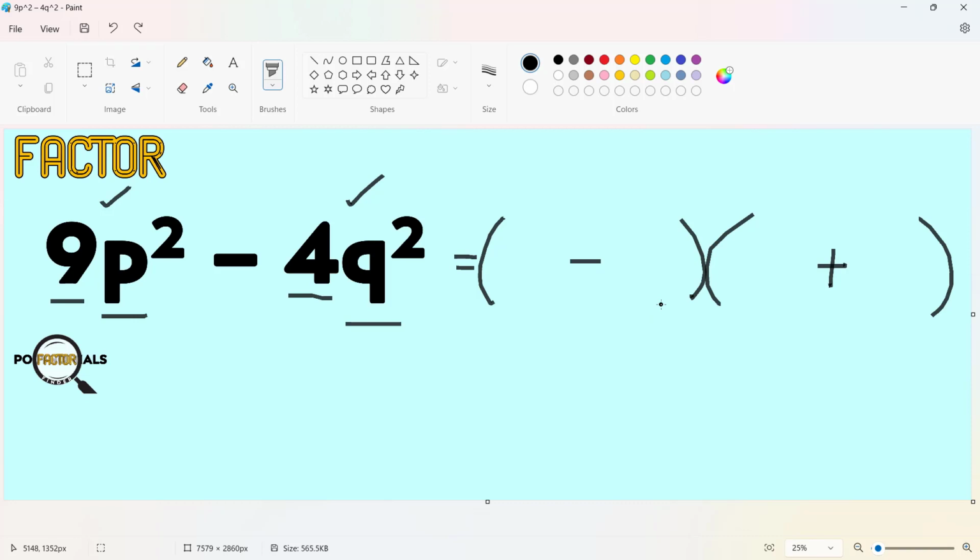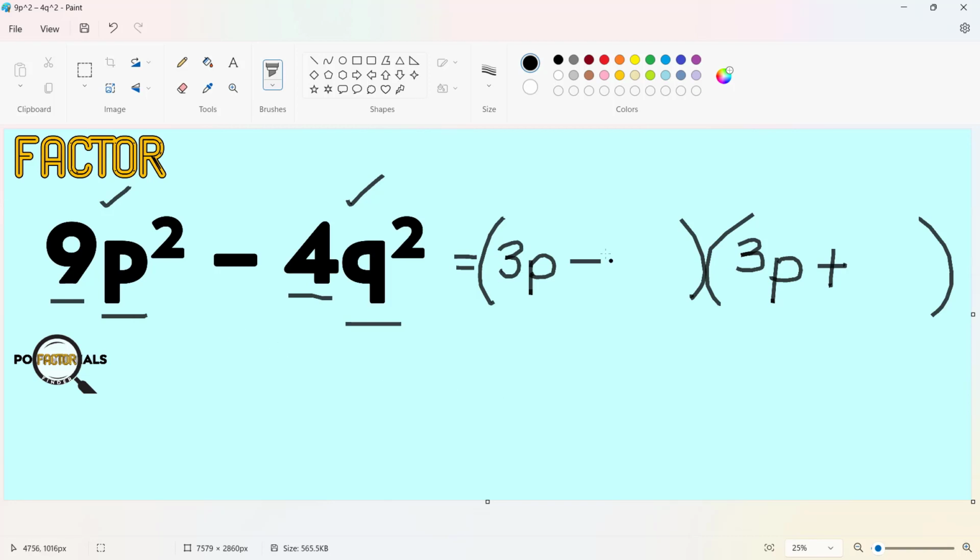It will not change the fact that they are just the same. So let's continue. Now, we are sure again that this is a difference of two squares. So we simply take the square root of the first term. The square root of 9 is 3. Also place a 3 here. The square root of p squared is p. Also have p here. That is the process if it's a difference of two squares.